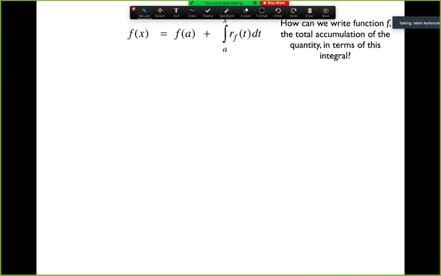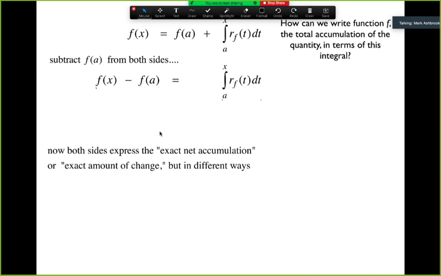And then starting from a, we have the net accumulation that we're accumulating bit by bit, right? So what I want to do here is subtract f of a from both sides. And when I subtract f of a from both sides, I'm back to my net accumulation function right over here, and that means that this side also equals the net accumulation.